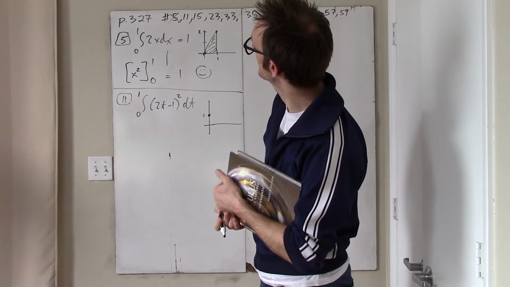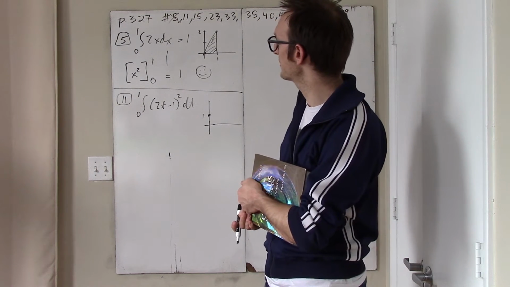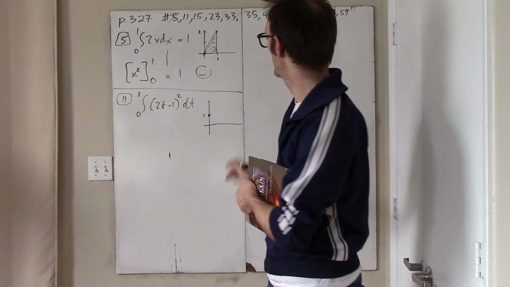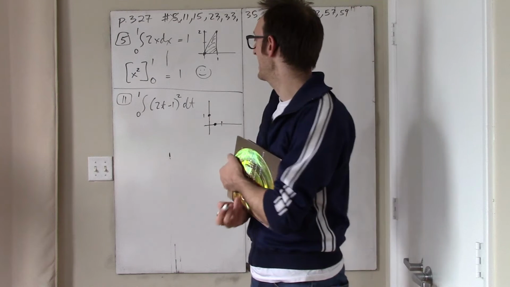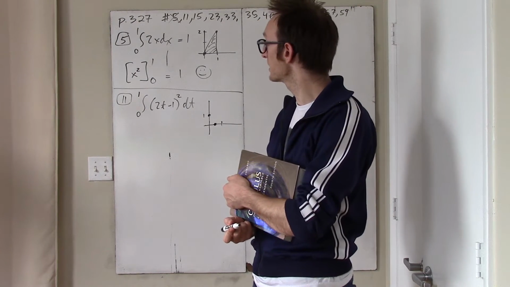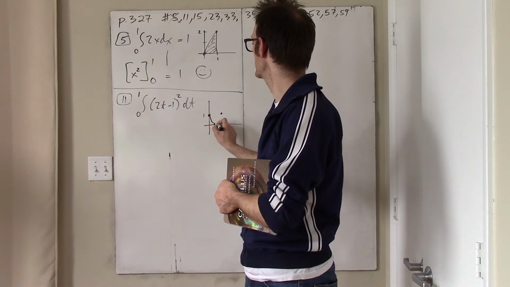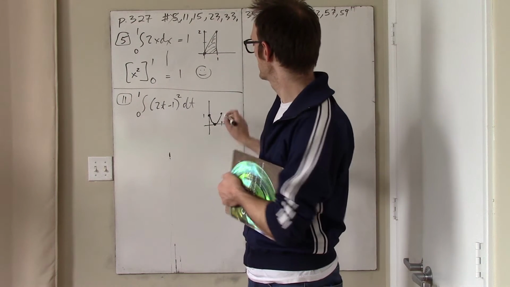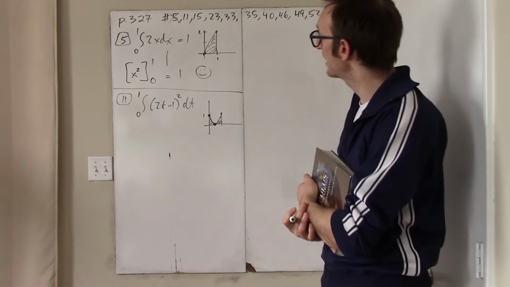and wait, what's going on here? When you plug in a half, you get 0, so, yep. And by the time I plug in 1, I get 1 again. So, okay, I guess it's just this. And so the area that I want is the area under this parabola.